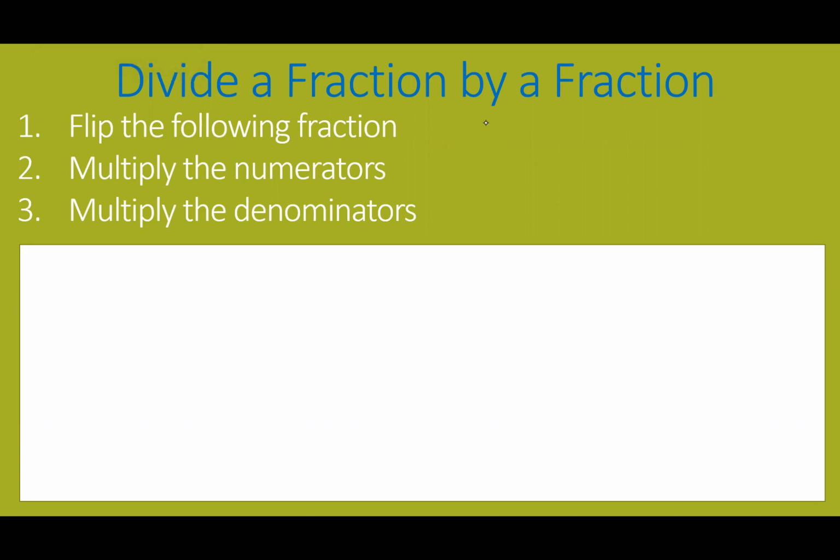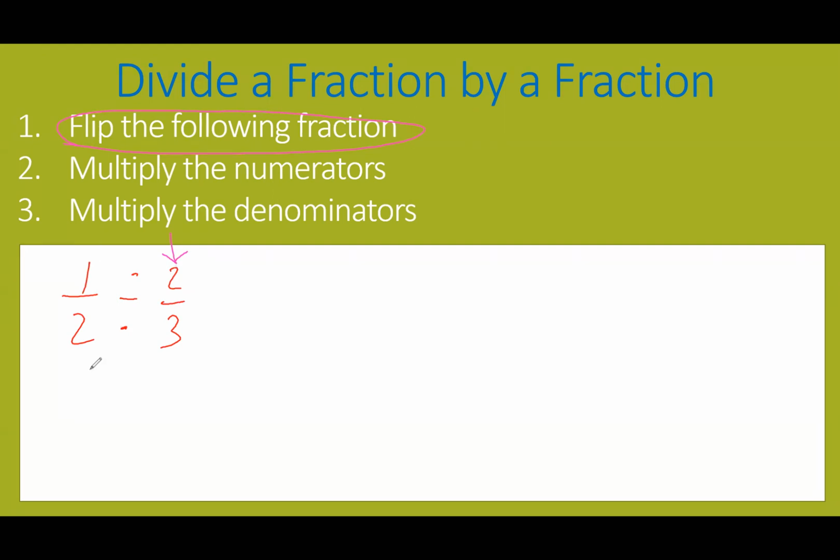All right, let me get my pen here. Okay, so let's start with 1/2 divided by 2/3. Now this is a very simple problem because all we need to do is flip the following fraction. That's this one, it's the following, it comes after.